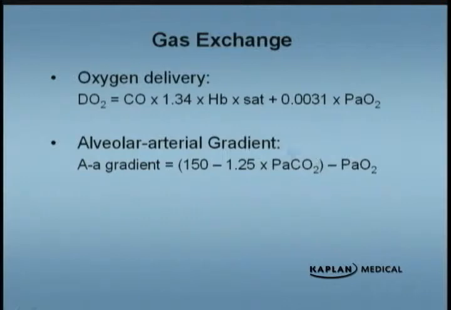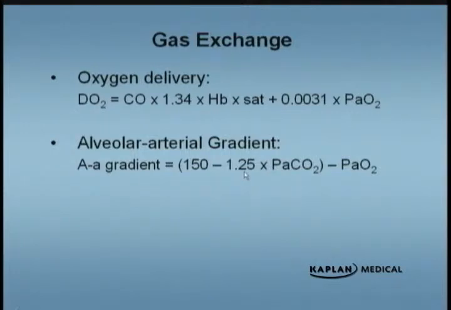This part right here, see where the arrow is? The 150 minus 1.25 times the PaCO2 gives us the partial pressure of alveolar oxygen, just this formula within the parentheses.